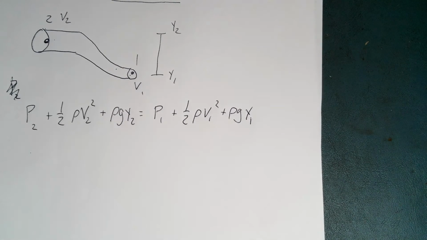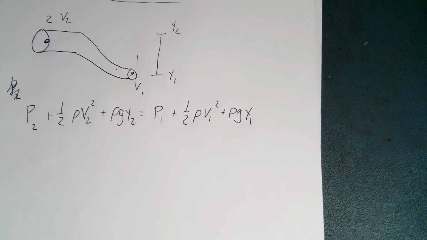Water circulates throughout a house in a hot water heating system. If the water is pumped at a speed of 0.50 meters per second through a 4 centimeter diameter pipe in the basement under a pressure of 3 atmospheres, what will be the flow speed and pressure in a 2.6 centimeter diameter pipe on the second floor 5 meters above?